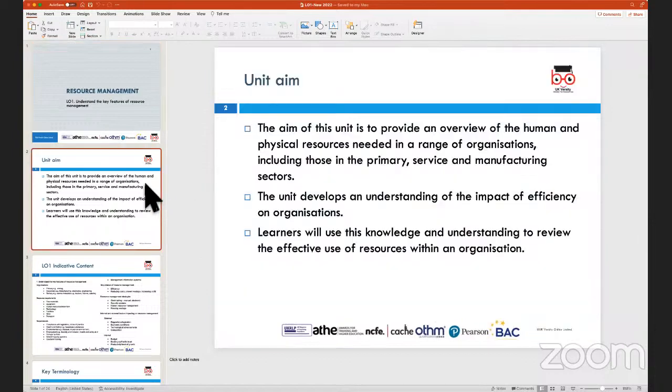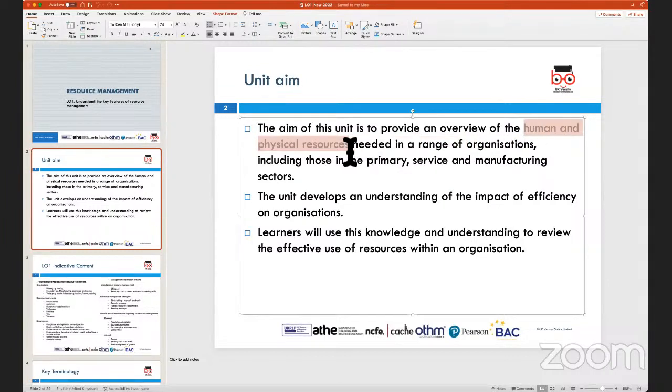So the main aim of this unit that I mentioned earlier is to understand human and physical resources. There are lots of different types of resources, but we're going to focus on human resource, which is very critical to any organization, whether we look at the NHS, where 244,000 people work, or a major company like Microsoft, Dell, or Apple, where over 300,000 people work.